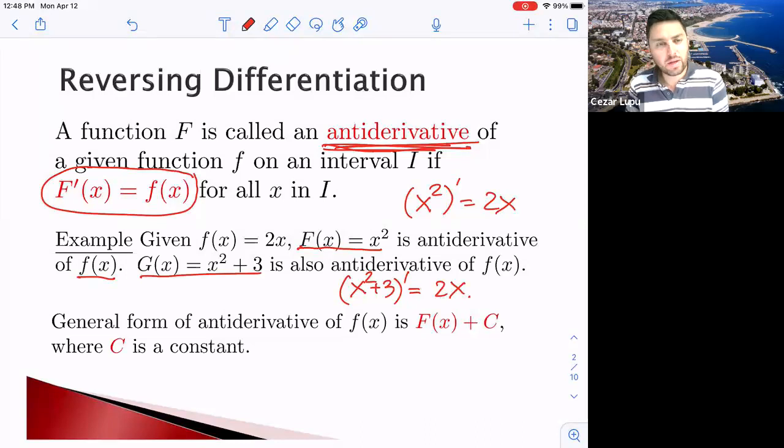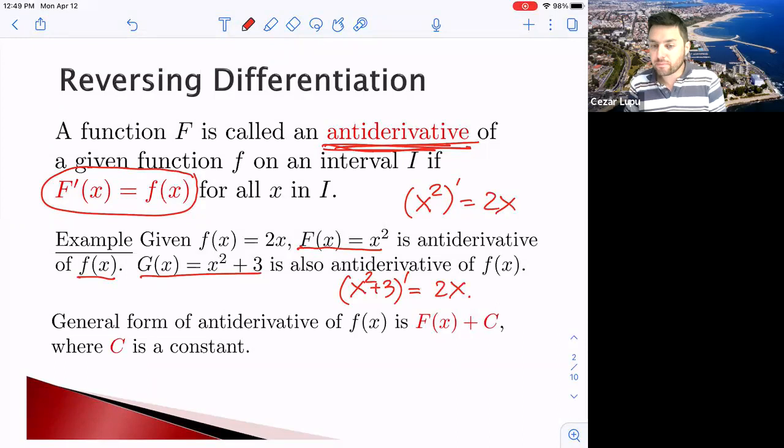So what can we say about the antiderivative? Is it unique? How many of them are there? What do you think? Exactly, there are infinitely many of them, because that constant can be anything.